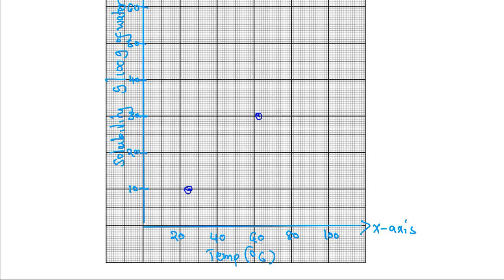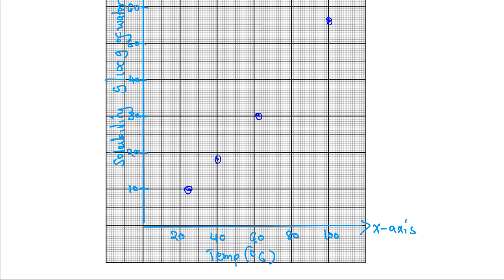Then we have 15:4. Then we also have 40:17. 40 with 17.